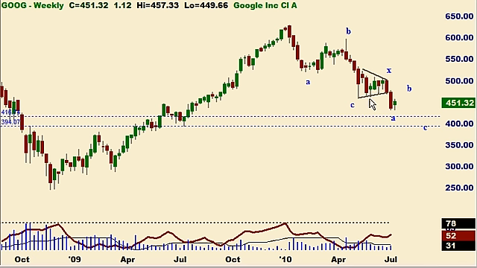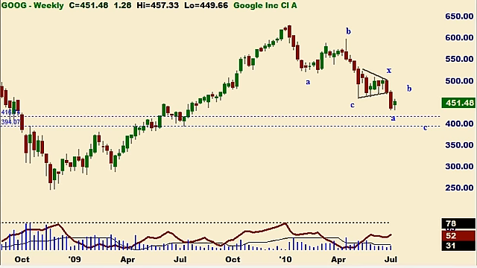There's a variety of calculations you can also do to look for relationships between the first ABC and the second ABC that would again target that area, give or take 20-30 points around 400 or so. And that's one alternative to the impulse structure to the downside.